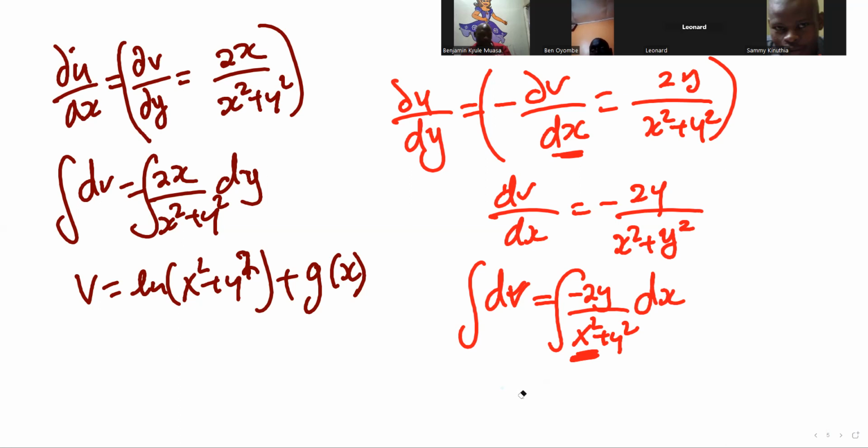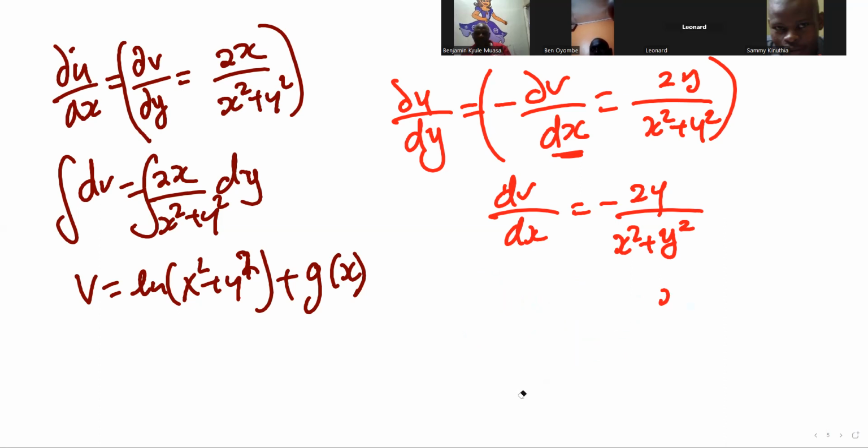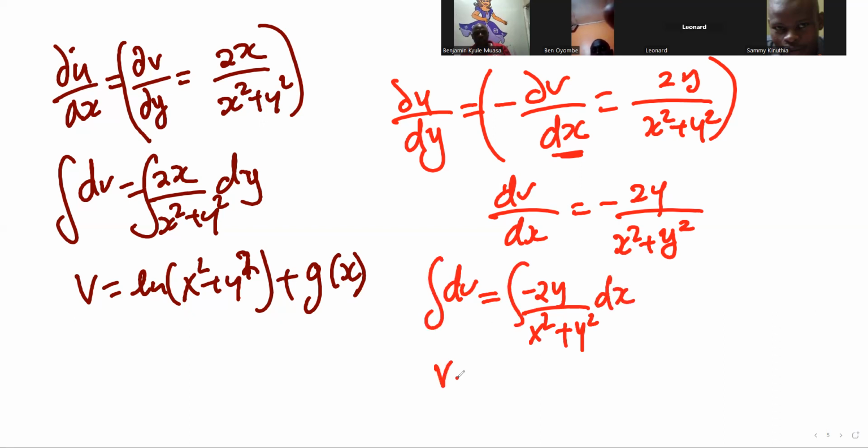du over dy equals minus dv over dx. So dv is equal to minus 2y over x squared plus y squared, then dx. Integration here. So v equals, we got yesterday a number, which is what?